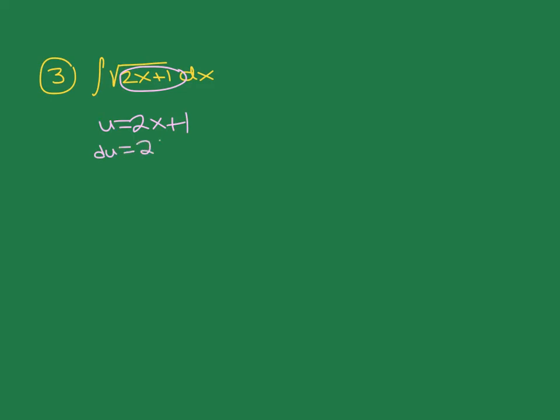I get 2 times dx, which gives me dx is equal to du over 2. And I'm going to go ahead and rewrite this as u to the 1/2, or you can say square root of u if you want to do the next step. This dx is replaced with du over 2. And actually, that 2 is a constant, so I can pull that out front.